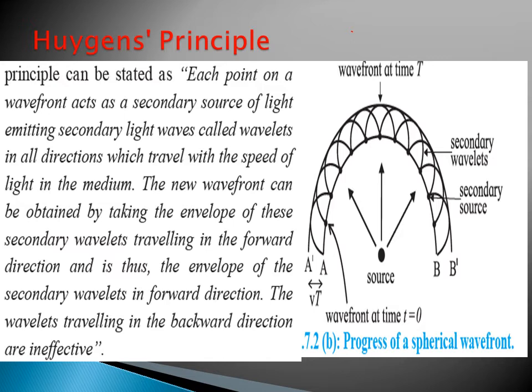Then the secondary source of light emits secondary light waves called wavelets in all directions, which travel with the speed of light in the medium.